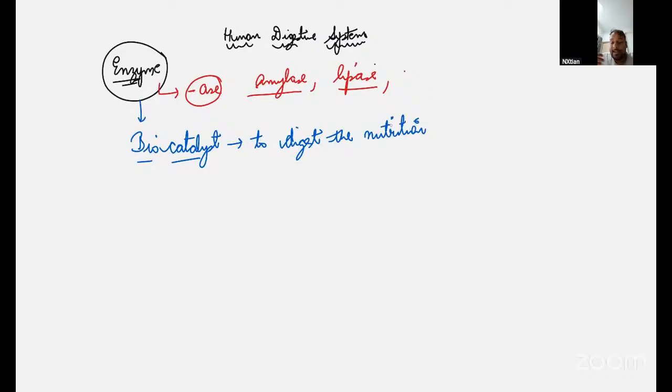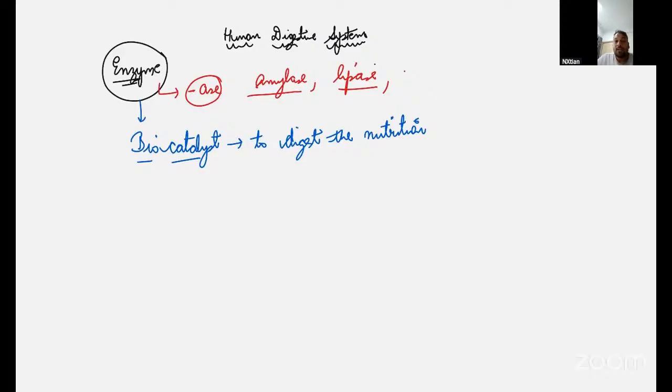Why do we need digestion? Because we know that we have nutrition like carbohydrates, fats, and proteins in our food. These are basically the complex food.